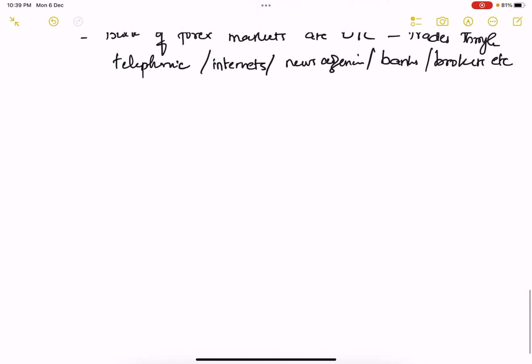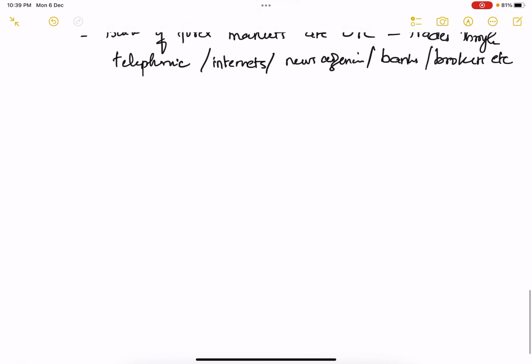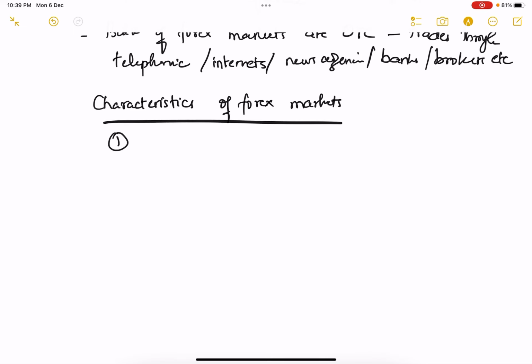So from all which we have seen about foreign exchange markets, we can directly come to a conclusion for characteristics of foreign exchange markets. So the first and foremost characteristic is it is a 24-hour market. It is an over-the-counter market.